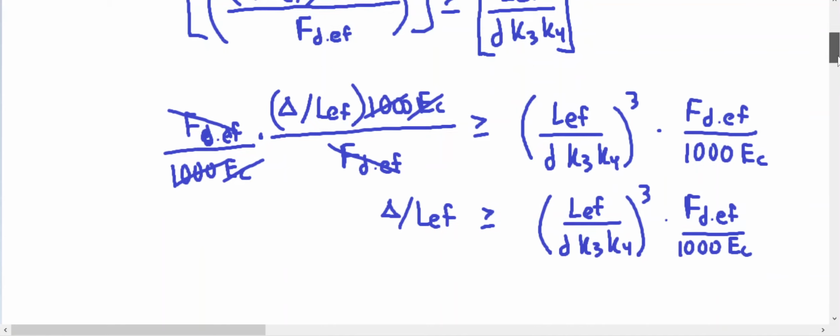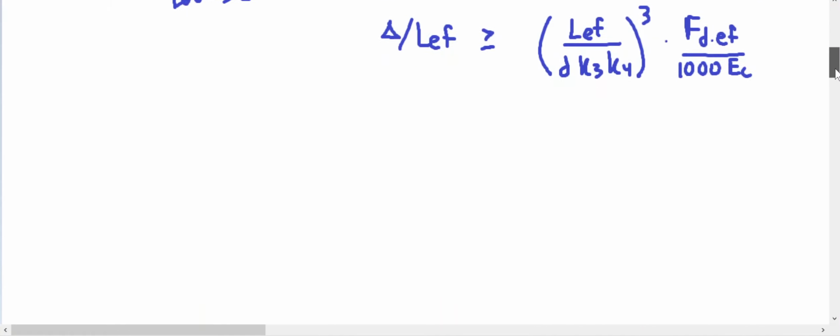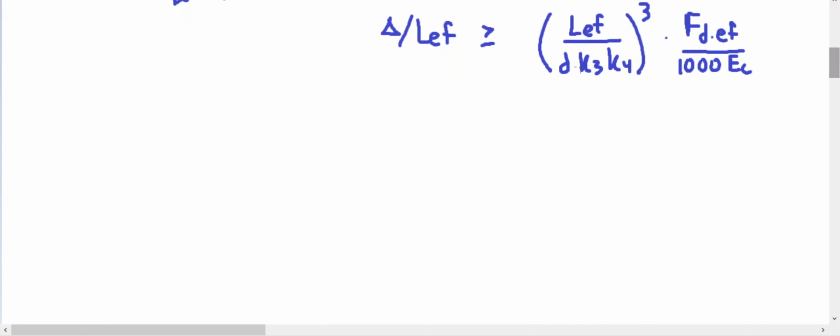All right. And one last step for at least getting delta by itself is it's currently being divided by LEF, so we just need to multiply it by LEF. That'll cancel that out, and we just need to multiply on that side. So notice that LEF occurs twice, and it's being cubed over here, and it's raised to the first power here.